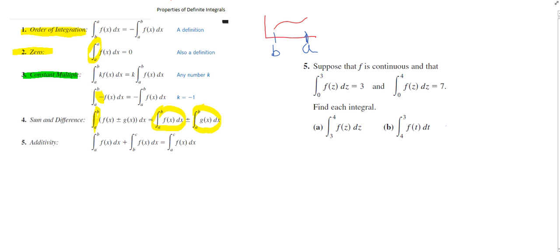And then the second one is a little bit different, but it kind of makes sense.